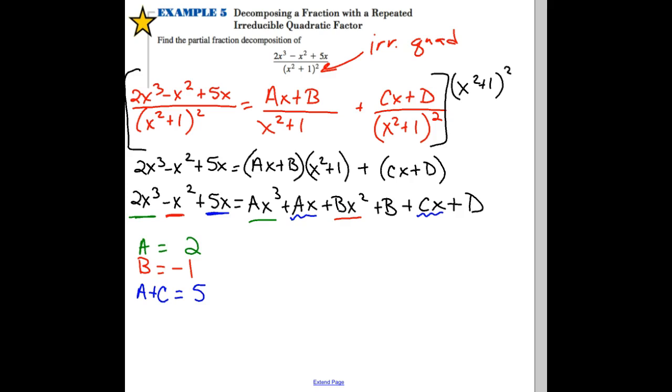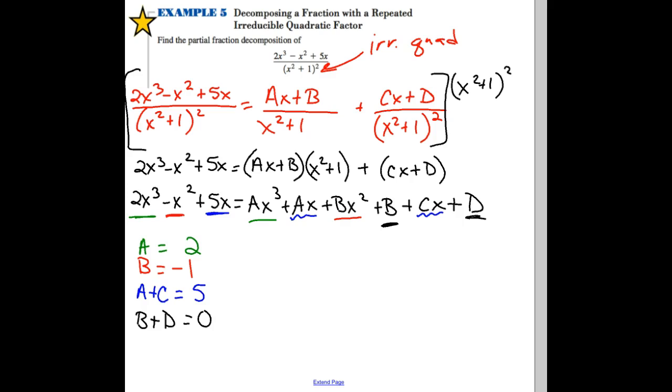What else? I still have some pieces on the right side that I haven't used yet, right? The constants. Do I have any constants on the left side? No. So they have to equal 0, right? It has to balance with 0. So my constant pieces, I've got this b and the d. So b plus d has to balance with 0 on the left side. Well, this one we can just do algebraically, right?